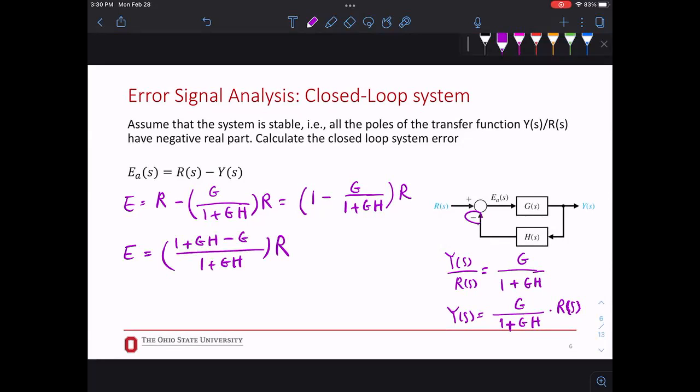Now, looking at this, we will see that the error of a closed loop system depends on your input and the transfer functions in the system, right? The system itself and the input.